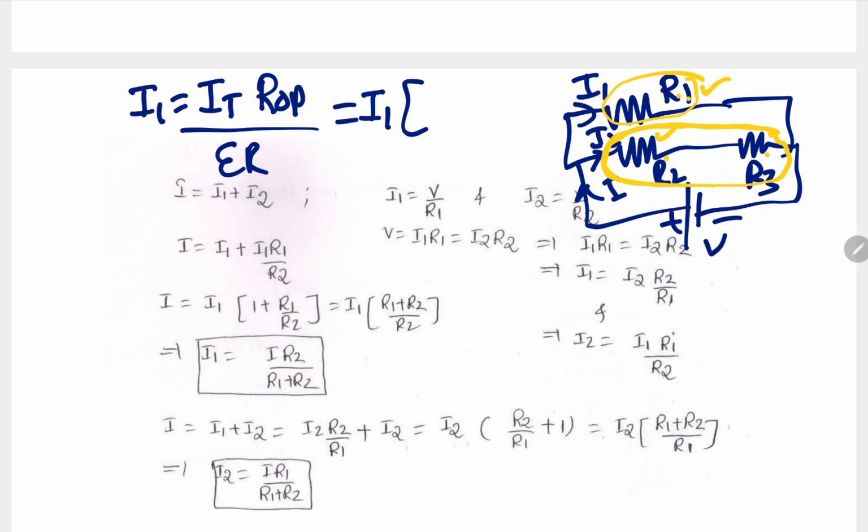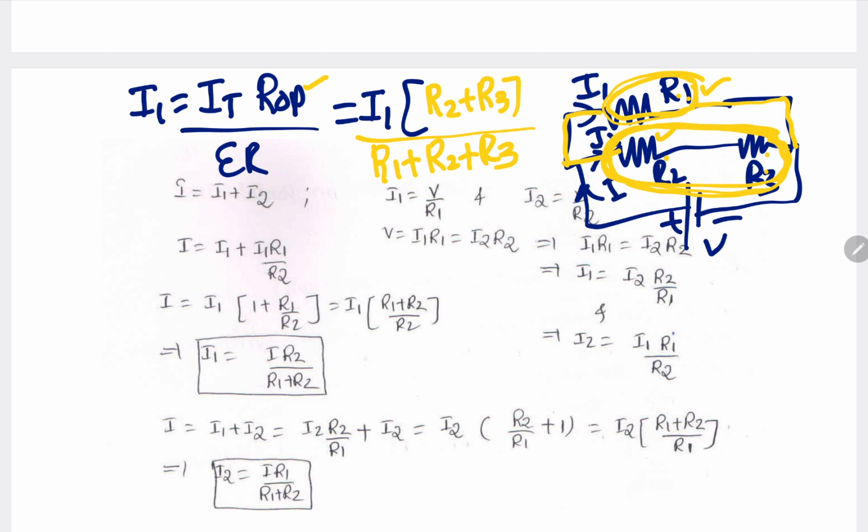The entire R2, R3 series combination has its first end connected to the first end of R1, and its second end connected to the second end of R1. So the opposite resistance or parallel branch resistance is a series combination of R2 and R3. So in place of the opposite resistance we get R2 plus R3, divided by the sum of resistances in parallel, that is R1 plus R2 plus R3.